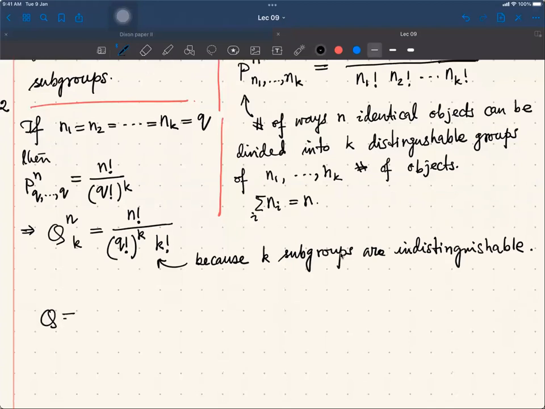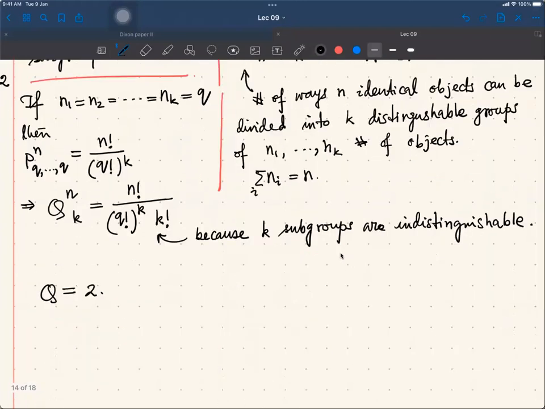So for q equal to 2, the result is factorial 4 divided by q to the power k, where q is 2 and k is also 2, because there are two groups each having 2 elements.